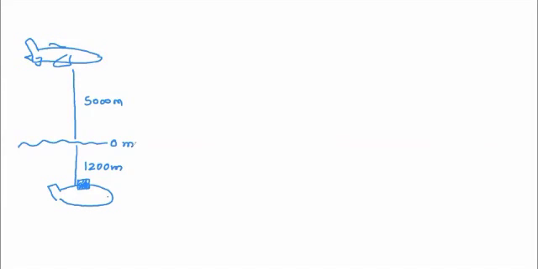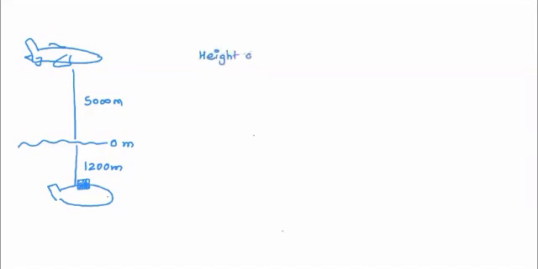Now what we need to do is, what is the vertical distance between them? So we need to find the vertical distance, means we need to find from here to here what is this complete distance. To find that, we need to subtract their heights and depths. So let's start it.